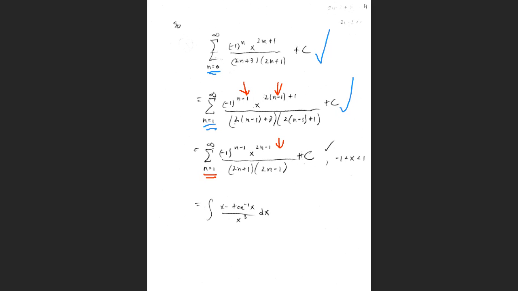And I'll mention too that in your homework for section 8.6, which is due on Monday, you have a few problems where you're going to have a definite integral, and you want to approximate the integral correct to within a certain level of accuracy. Well, the power series that you're going to see, like this one, are alternating power series, so you could use the alternating series estimation theorem to help you.